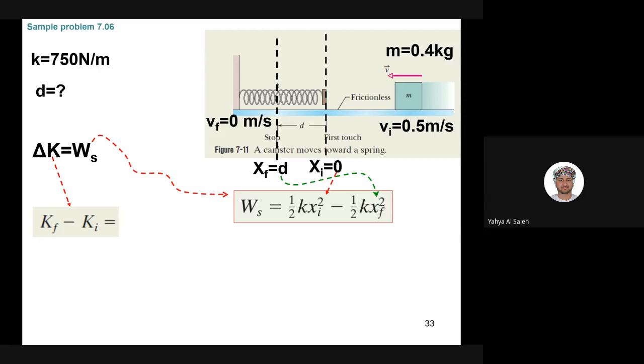My initial kinetic energy is half m 0.5 squared. If I substitute all of this, I end up with 0 minus half m vi squared is equal to minus half k d squared. We know m, we know vi, we know k. The minus halves cancel out. We can find d.